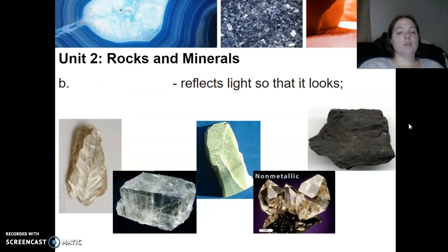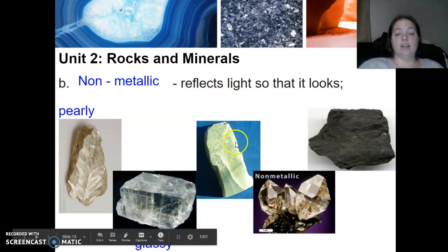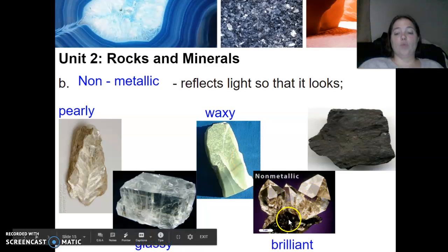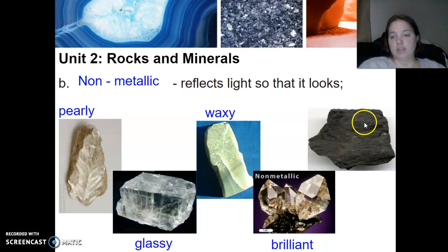And then the next one, you have non-metallic. It reflects light, so it looks kind of pearly in this case, glassy in this case, waxy, brilliant. That's one way to define diamonds, is its brilliance. And this last one looks really earthy or dull.